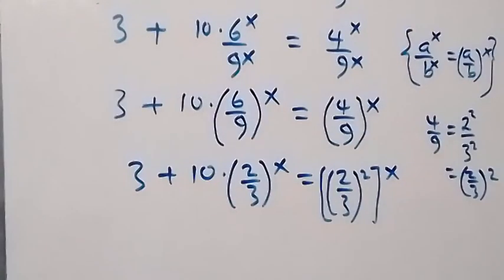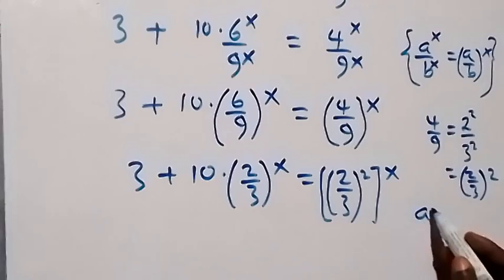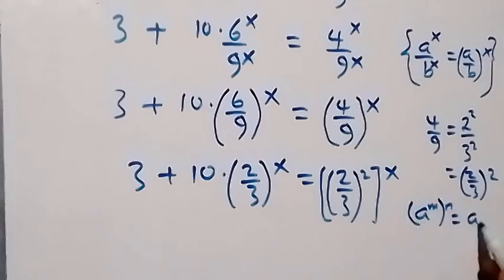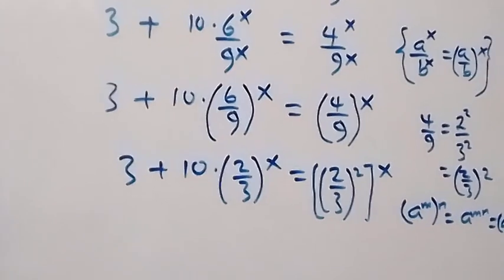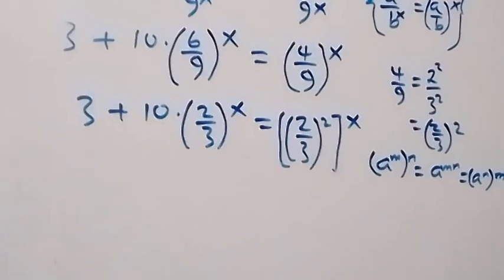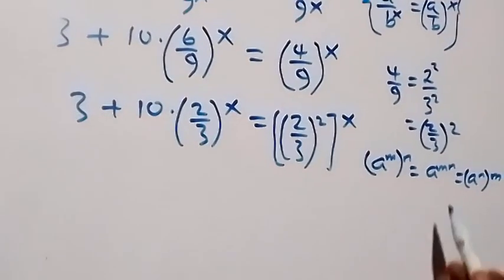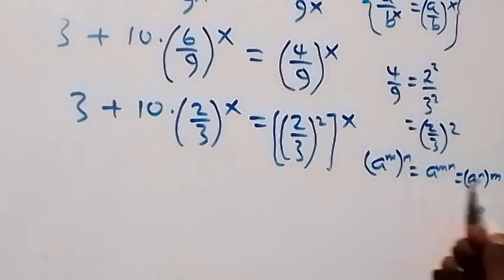Then also from the law of indices, when we have a raised to power m, raised to power n, this is a raised to power mn, which is also a raised to power n, raised to power m. So from here, we can interchange the powers.